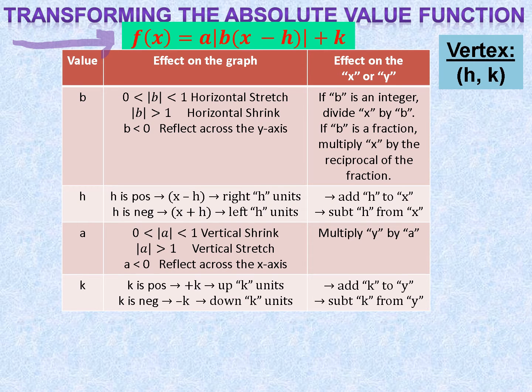So here's a table of values that tells you what the numerical values of b, h, a, and k do, how they affect the graph, and also how they affect the x and y coordinates on the graph. The first value we're going to talk about is the b value. So b is inside the function.